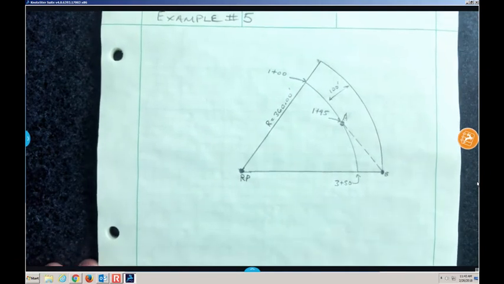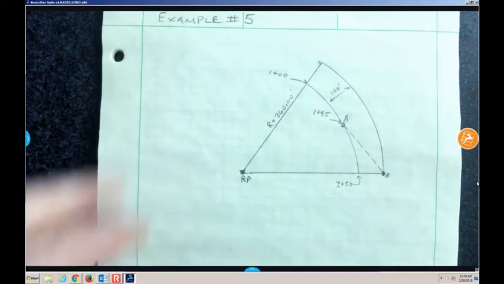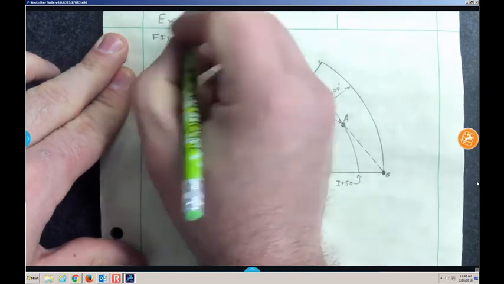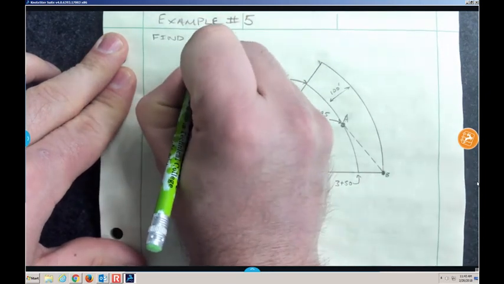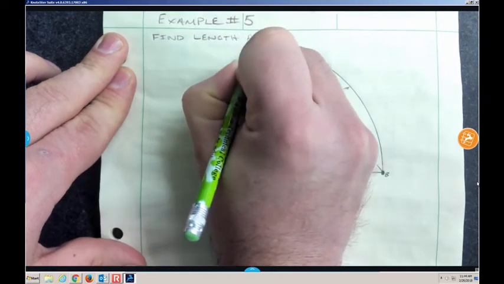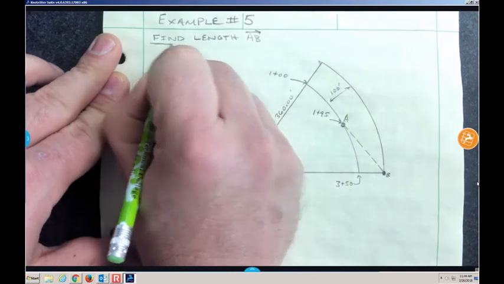So the one thing we want to find here is the distance between A and B. That's going to be pretty difficult, right? Because we're beginning on an arc and ending on an arc. So I want to find the length A to B. And that's what I'm trying to find right there.